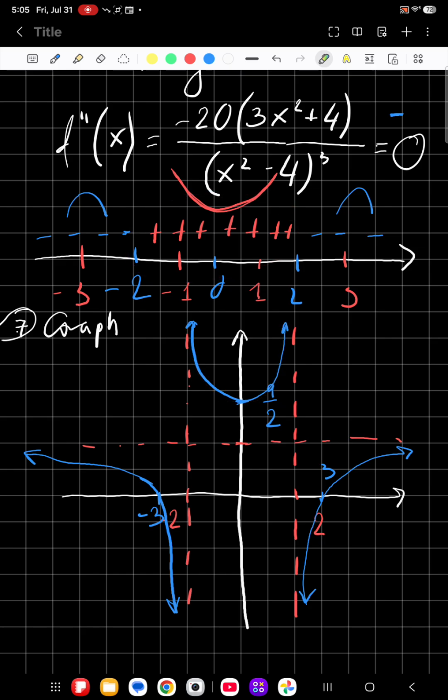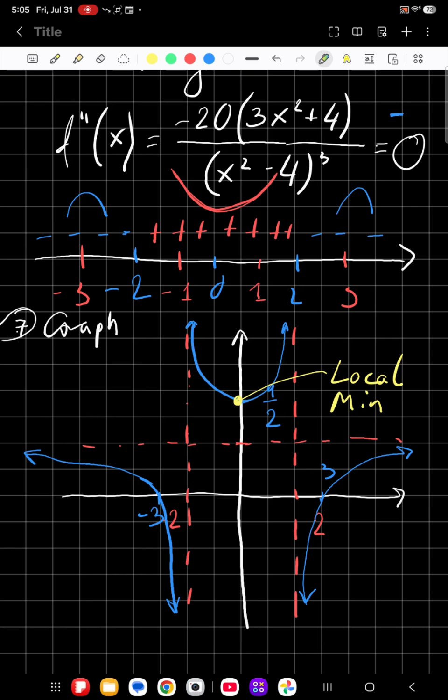By the second derivative test, we know that this point over here is a local minimum, because 0 is a critical number, and f double prime of 0 gives us a positive number, so concave up, and x equals 0 is that local minimum.